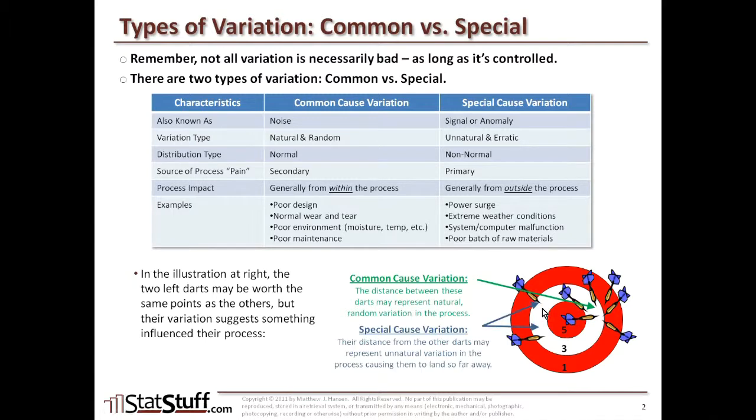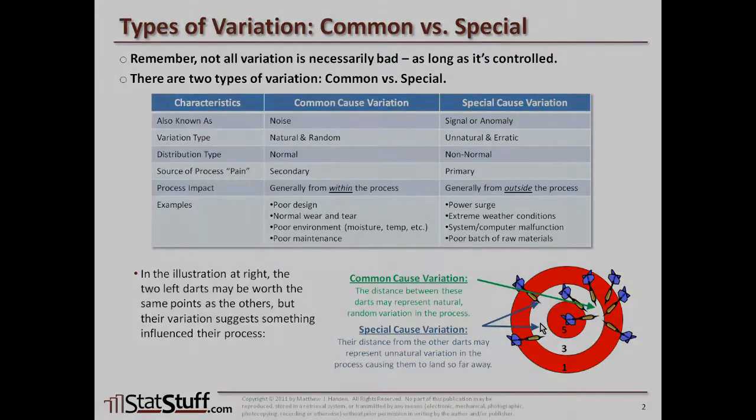Whereas the other two darts on the far left-hand side, we might think of as the special cause variation. Something caused these to fall far to the left, very distant from the other ones. As a result, this might be something unnatural and erratic that occurred in the process that caused it to fall much further away from the other darts.